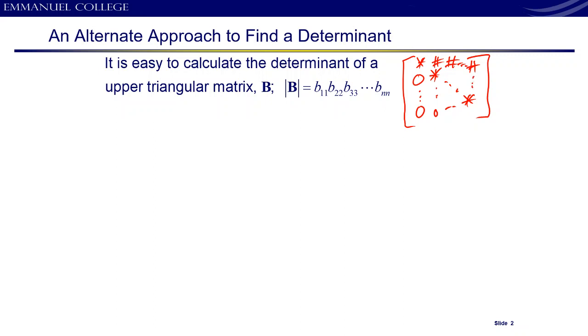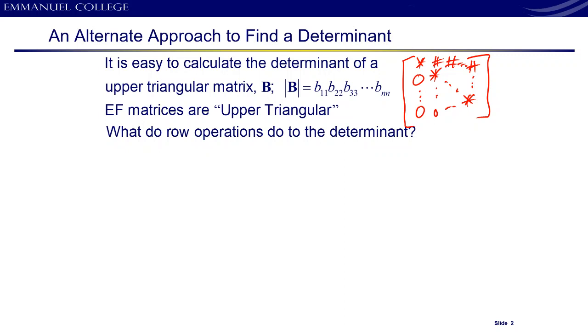The important thing was that everything below the main diagonal was a zero. If you did that, the way determinants work with the cofactor expansion, you found the determinant was simply the product of everything along that diagonal. Now you can have an upper triangular or a lower triangular. Key thing is just it's one of those two.